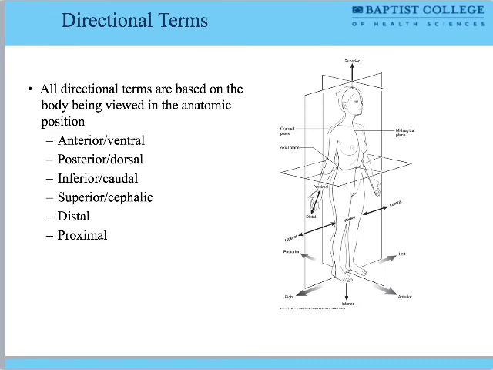But I'll use terms like anterior, ventral, posterior, inferior, superior, distal, proximal, those types of things. There's fancy terminology that you can use in the head, like rostral versus caudal. I probably will not use those terms, but these are the terms that we'll use for the most part.